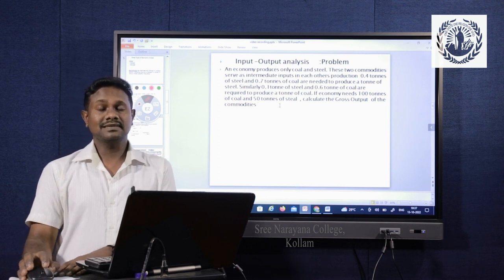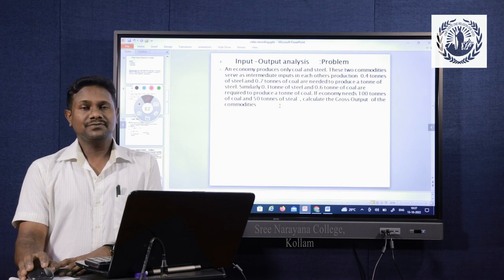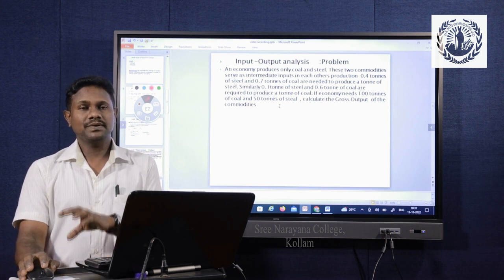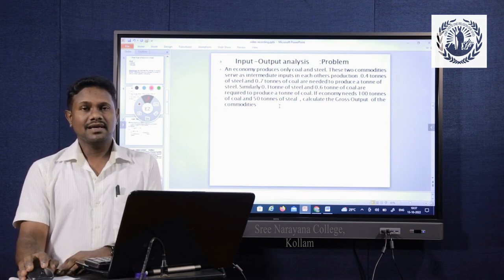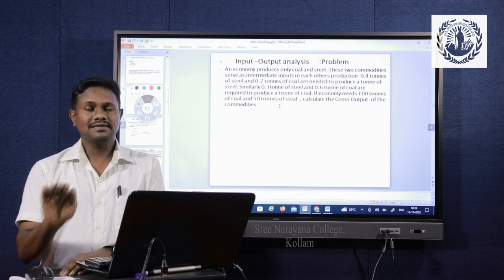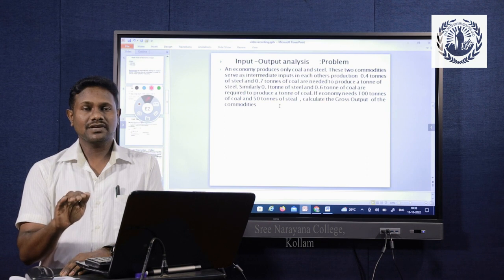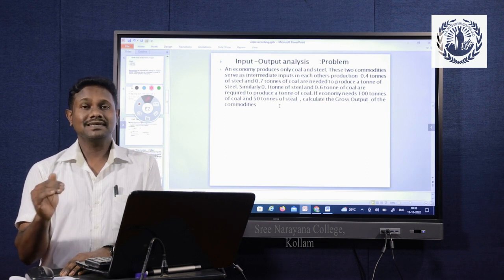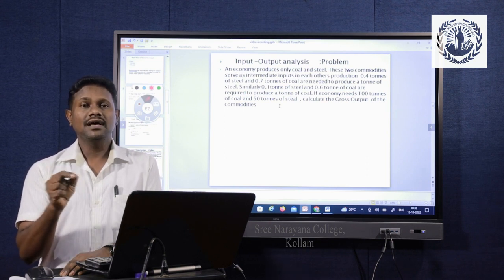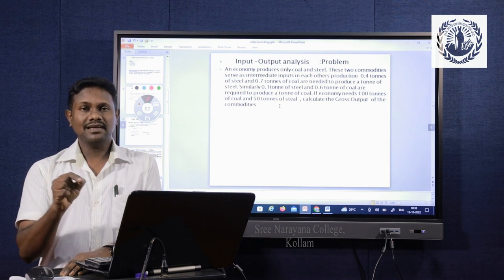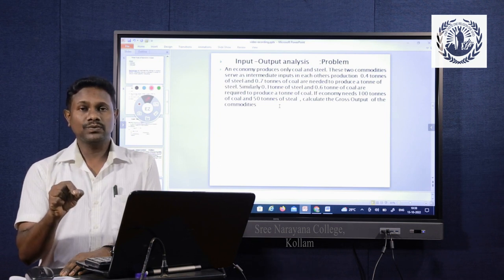The implication is that, for example, steel produced by the steel industry is demanded by the steel industry itself. It is also demanded by the coal industry, and by the consumers directly, investors, and the government also.